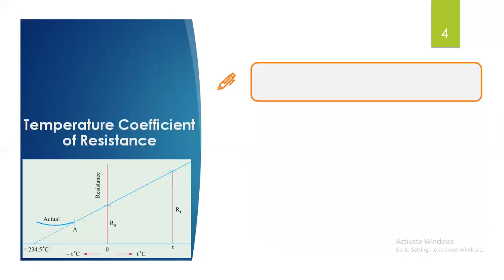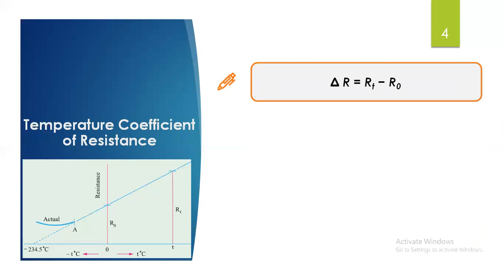Let's see the temperature coefficient of resistance. Let a metallic conductor have a resistance of R0, R with suffix 0. 0 means resistance at 0 degree Celsius.